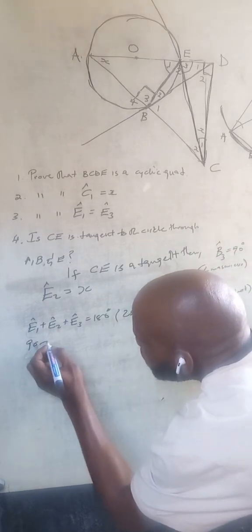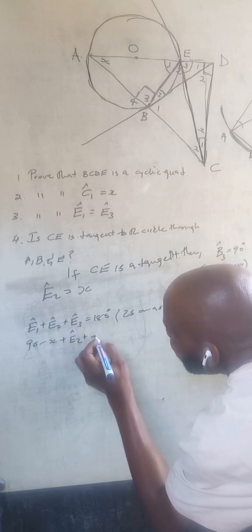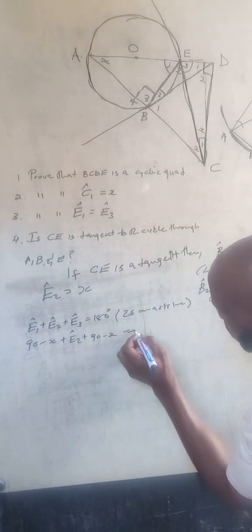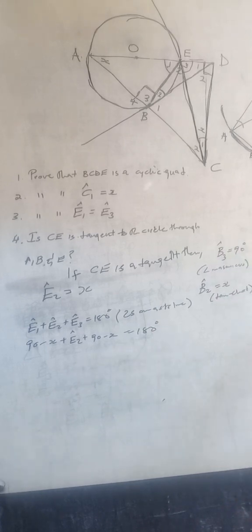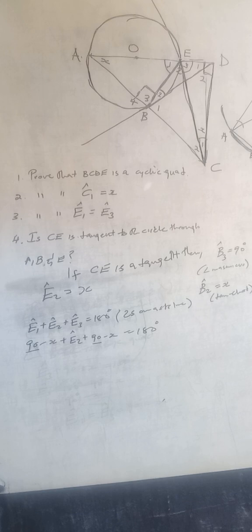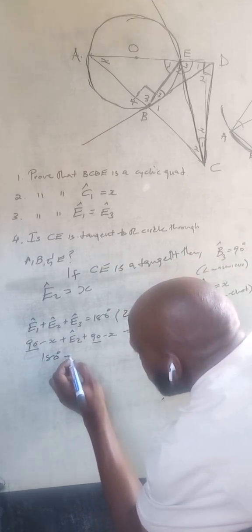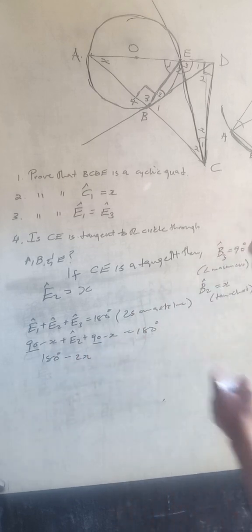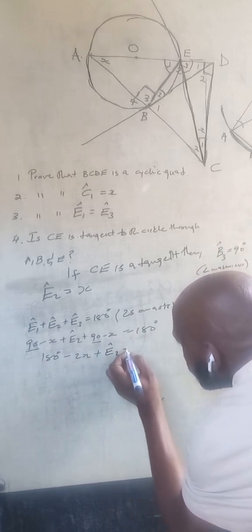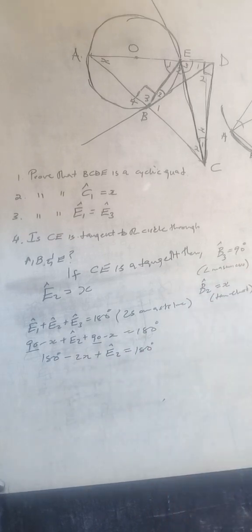So we have 90 minus x plus E2 plus 90 minus x equals 180 degrees. This 90 is positive, this 90 is positive, we can add them up, they will give us 180. So it's 180 degrees minus 2x plus E2 equals 180 degrees.